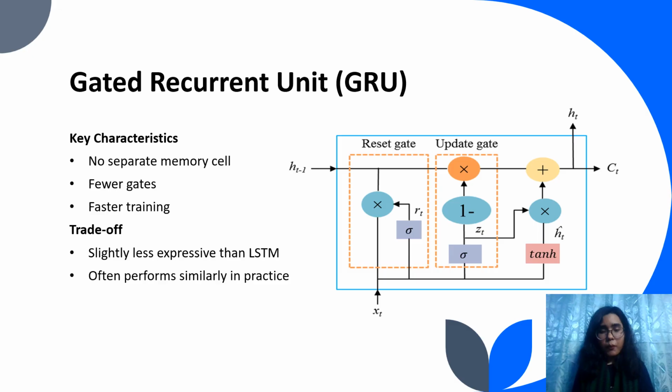The update gate combines the input gate and output gate. Besides, the reset gate decides how much past information to forget. Despite being simpler, GRU often performs very similarly to LSTM in practice. We can think of GRU as a light version of LSTM, faster to train, easier to implement, and still effective.